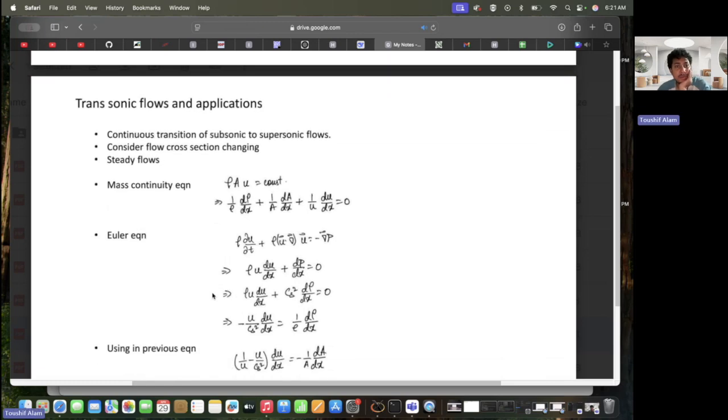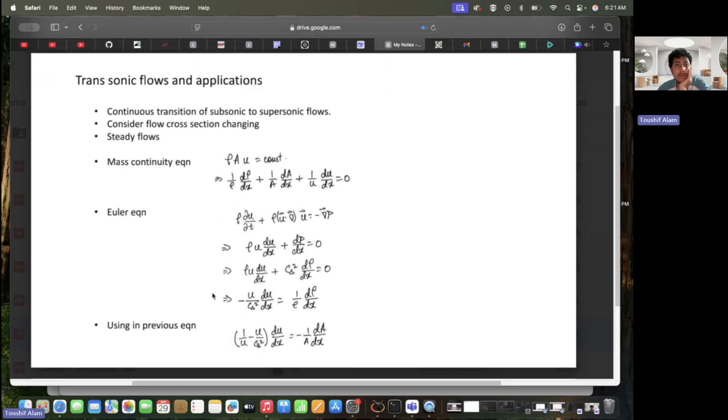Transonic flows and application: continuous transition of subsonic to supersonic fluid. Consider flow cross section changing, steady fluid. Mass continuity equation: rho A u is equal to constant, so 1 by rho d rho dx plus 1 by u du dx plus 1 by A dA dx is equal to 0.